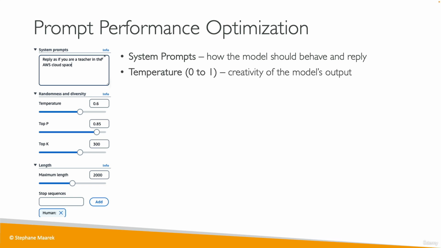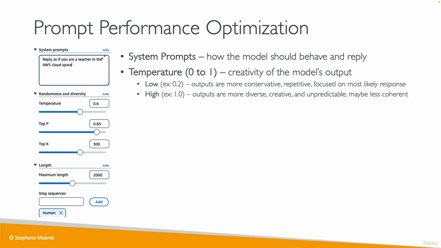Next, we have the temperature. It's a value you set from 0 to 1 that defines the creativity of the model's output. If we set it to a very low value, for example 0.2, then the outputs are going to be more conservative, repetitive, and focused on the most likely response, so the words with the highest probability.